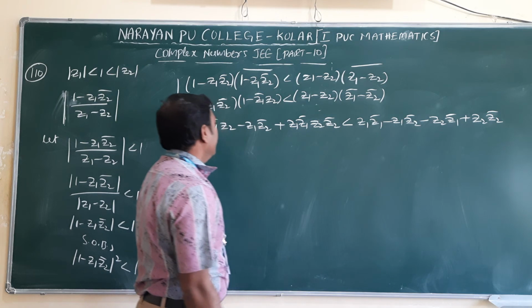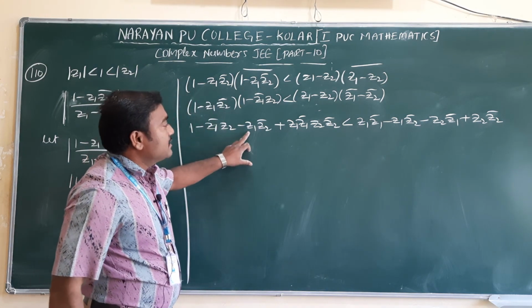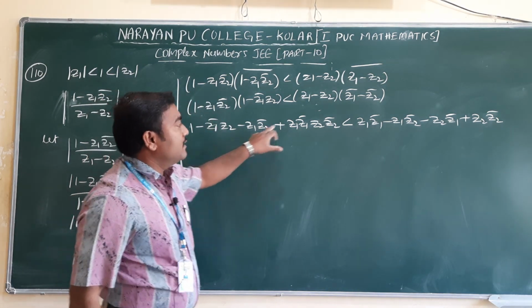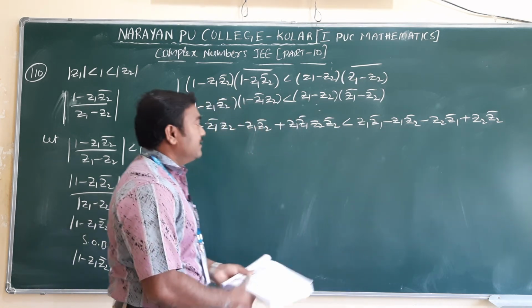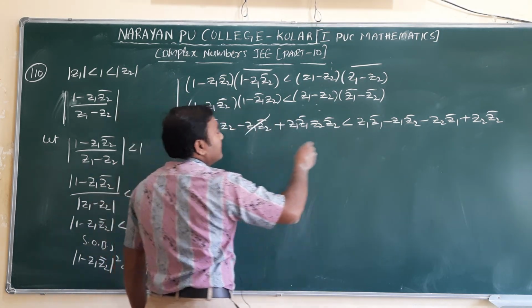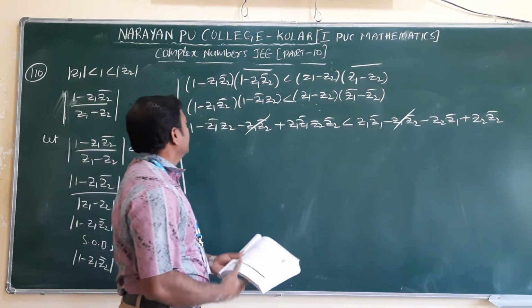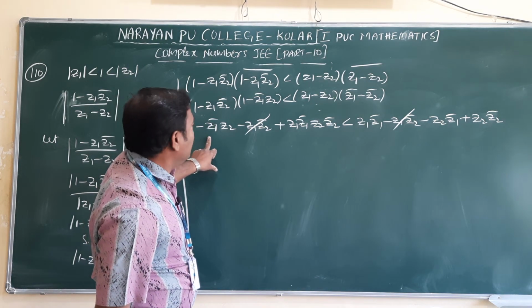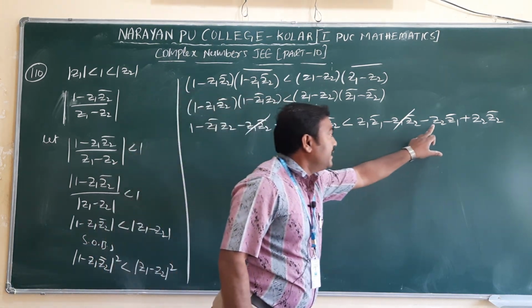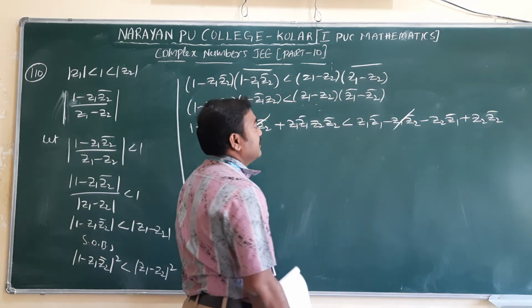Multiplication here: minus z1 into z2 bar and minus z1 into z2 bar get cancelled. Minus z1 bar into z2, here minus z1 bar into z2 get cancelled.